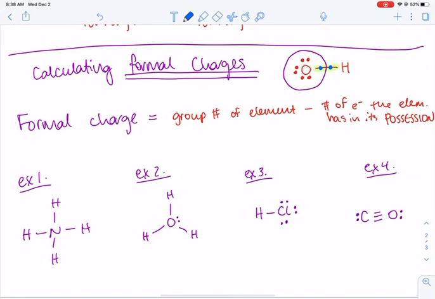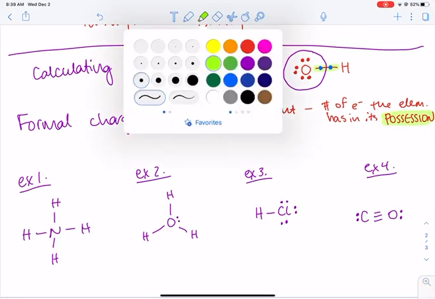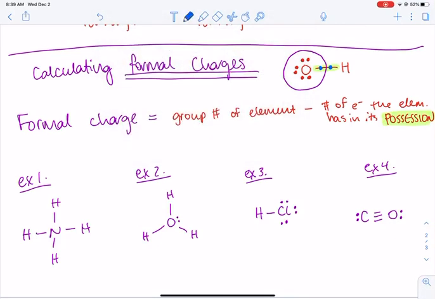So you can think about putting 1 electron of each bond inside the circle and 1 outside. The number of electrons that oxygen here has in its possession is the number of electrons inside the circle. So 1, 2, 3, 4, 5, 6, 7. So oxygen has 7 electrons in its possession. That's how you figure out the second part of this little equation.